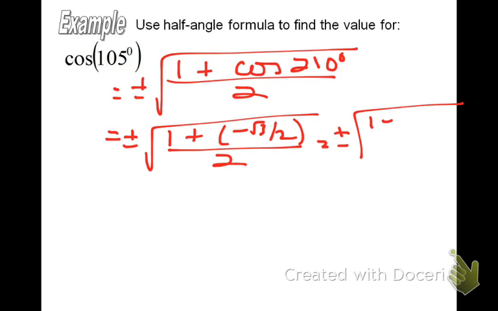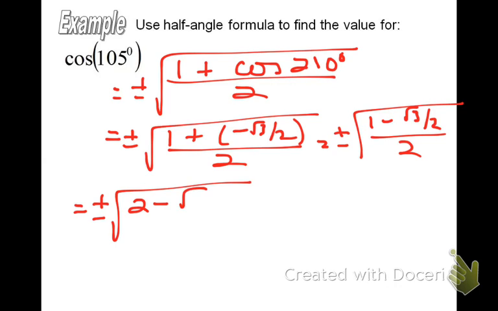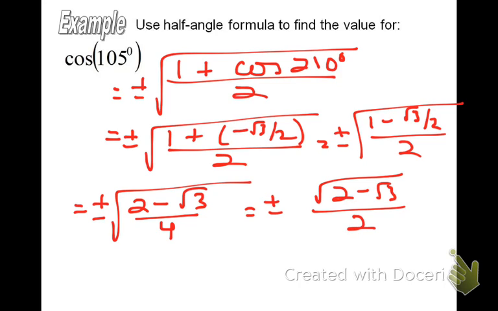It's going to be 1 minus root 3 over 2, all divided by 2. Simplifying some of those fractions, we're going to get plus or minus the square root of 2 minus root 3 all over 4. And then again, we have to take the square root of 4, so it is the square root of 2 minus root 3 over 2, and again, 2 is no longer under the radical. 105 is in the second quadrant where cosine is negative, and so this solution is a negative square root of 2 minus root 3 over 2.